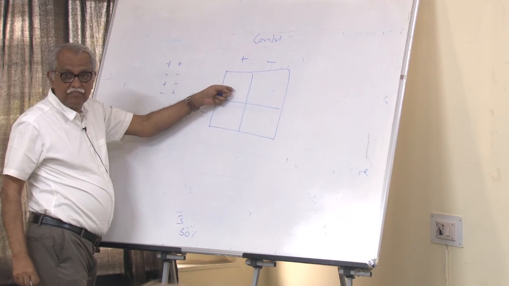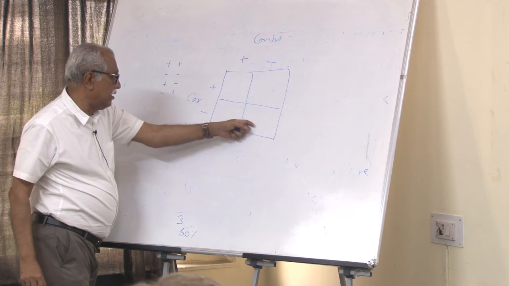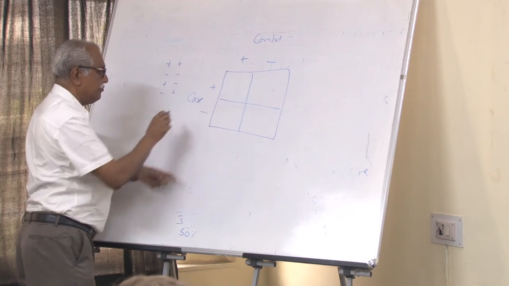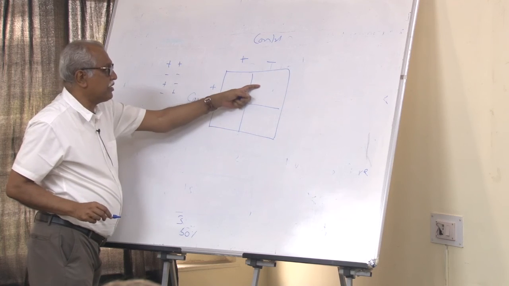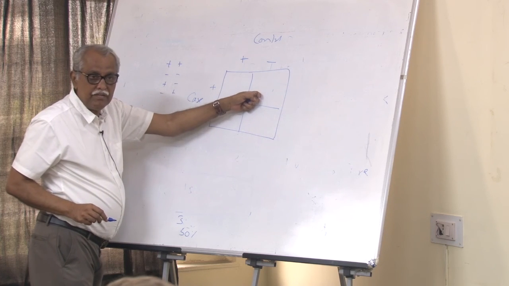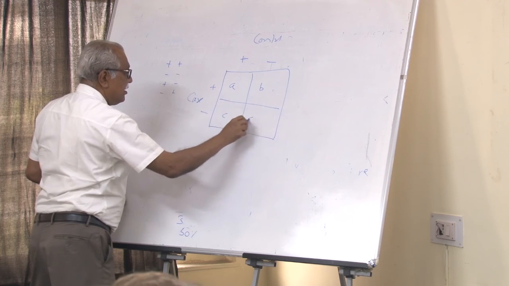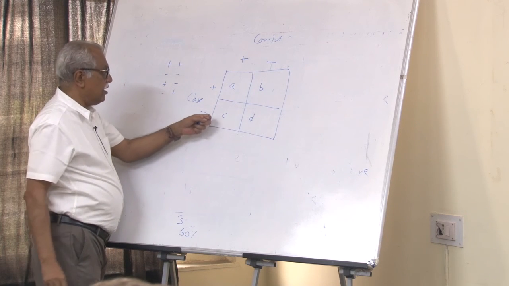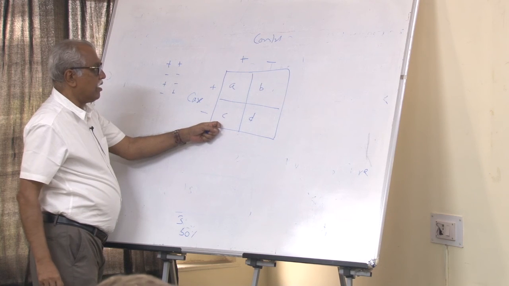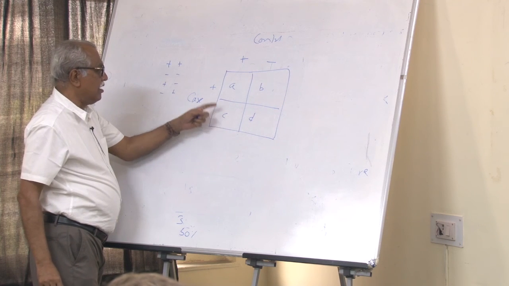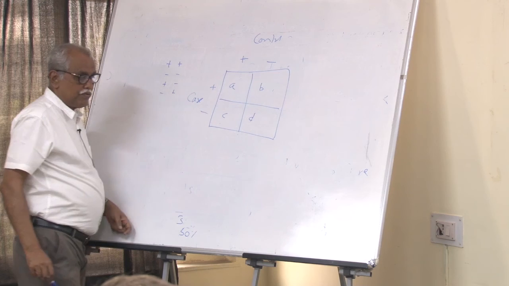Case positive, control negative comes here. Case negative, control positive will come here. And B by C is your odds ratio.